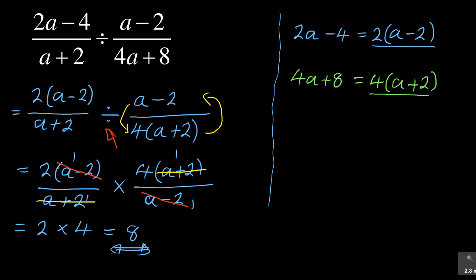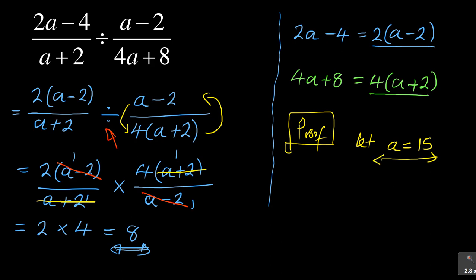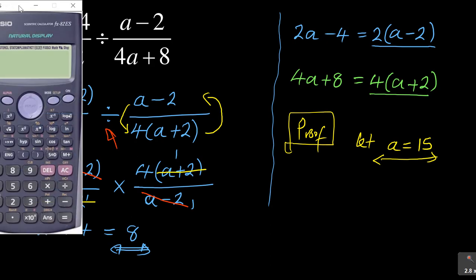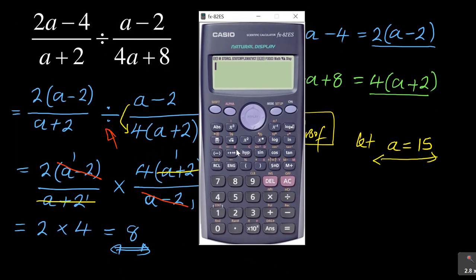I have a way that I sometimes prefer to prove such questions. And how do I prove them? I hope it will come out right, but this is how I try to prove if I did this correctly. I choose any number. For example, let a be equal to 15. Just choose any number. After that, you take your calculator, and where there is a, you put 15.